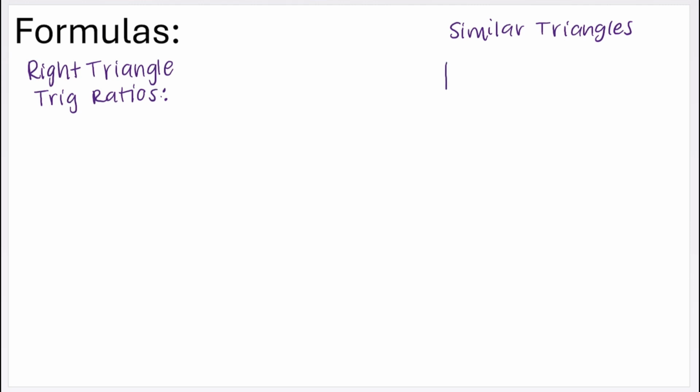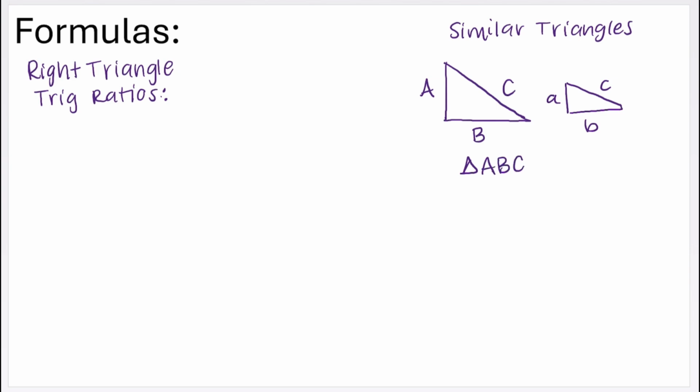And I'm going to draw two similar triangles. We're going to have big A, big B, and big C. And then we'll have another triangle similar to that one. That's going to have little a, little b, and little c. So these are similar triangles. So triangle ABC is similar to triangle abc.